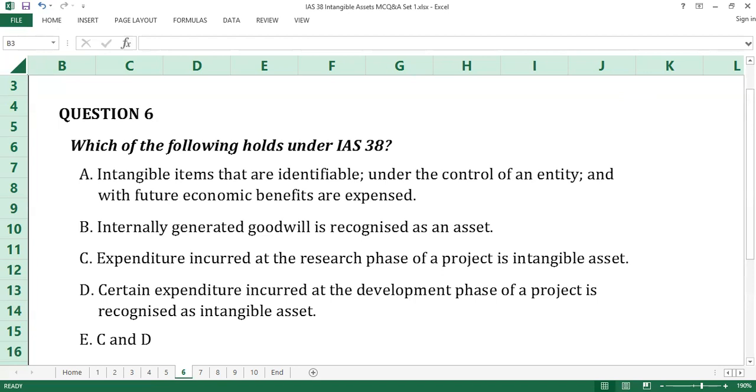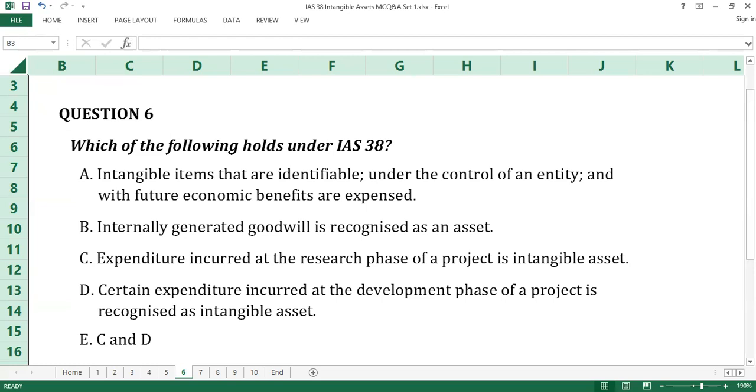Question number 6. Which of the following holds under IAS 38? A. Intangible items that are identifiable, under the control of an entity and with future economic benefits are expensed. B. Internally generated goodwill is recognized as an asset. C. Expenditure incurred at the research phase of a project is an intangible asset. D. Certain expenditure incurred at the development phase of a project is recognized as intangible assets.